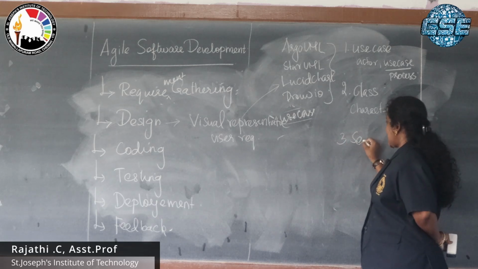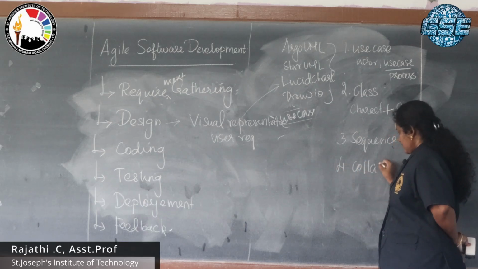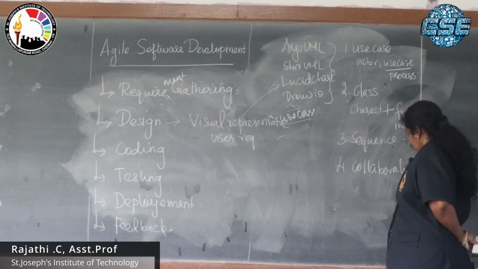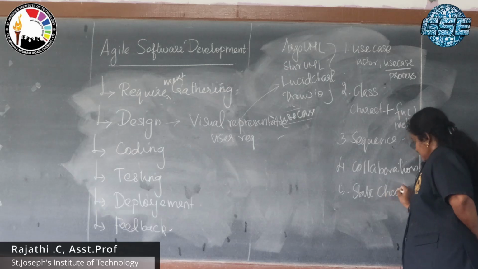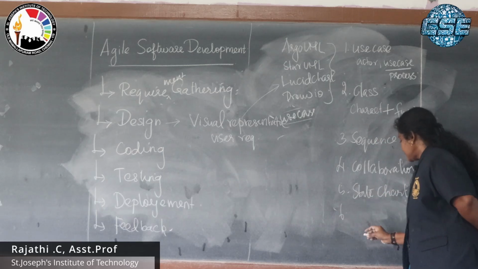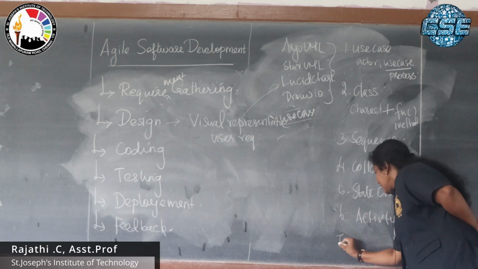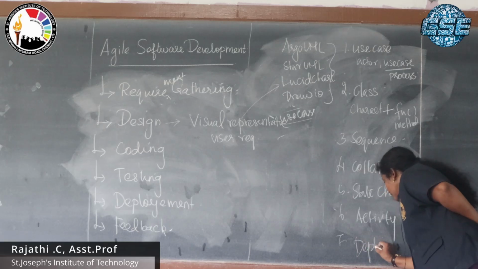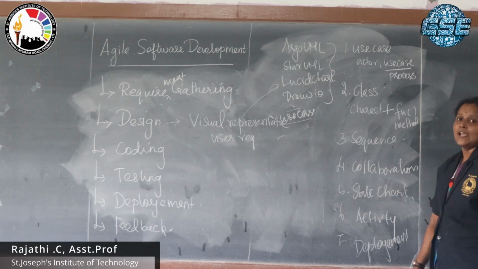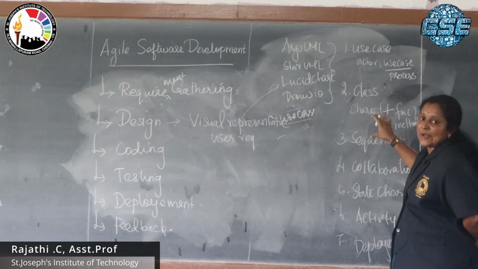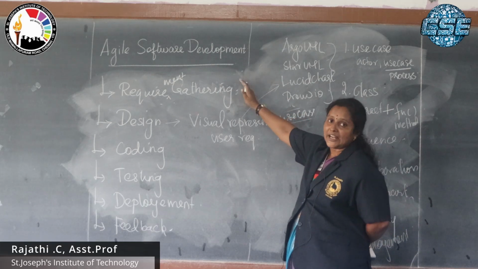Then we have the sequence diagram, collaboration diagram, state chart diagram, activity diagram, then deployment diagram. So all the user requirements will be categorized into these many diagrams to give the visual representation of our requirements.